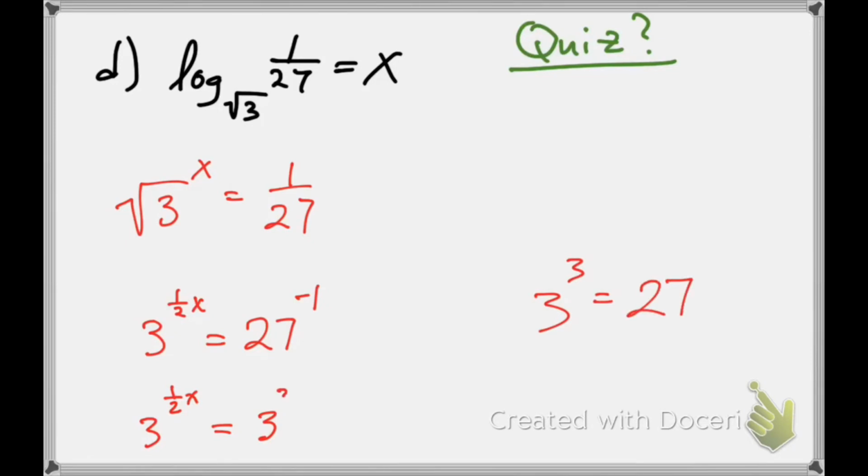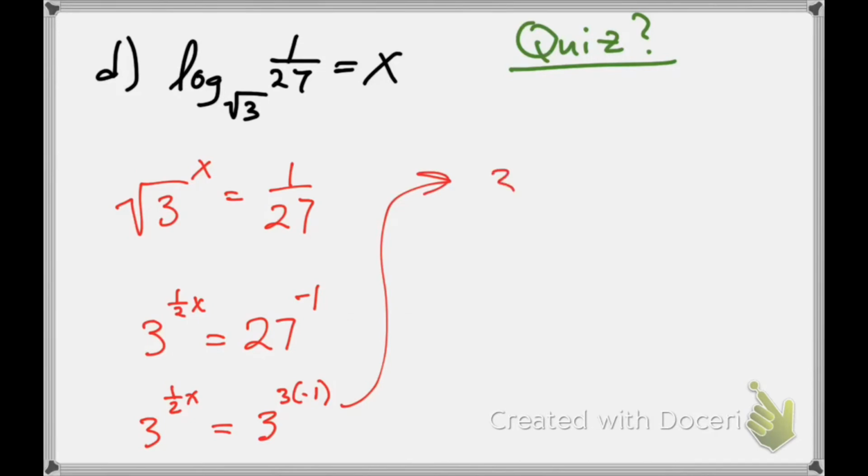So I'm going to write this as 3 cubed, but I also have this negative 1 here. So what I get is 3 to the 1/2 x equals 3 to the negative 3. Now I could have gone from here to here quicker. I could just recognize that 3 cubed is 27, then flip it, so add that negative. So there's different methods.